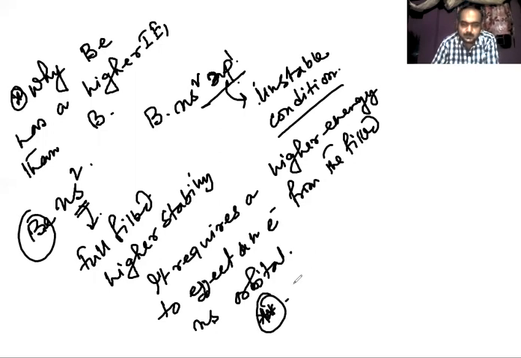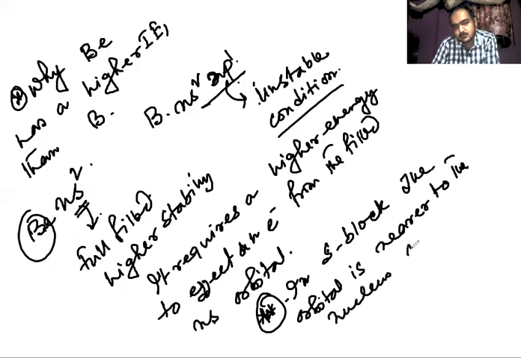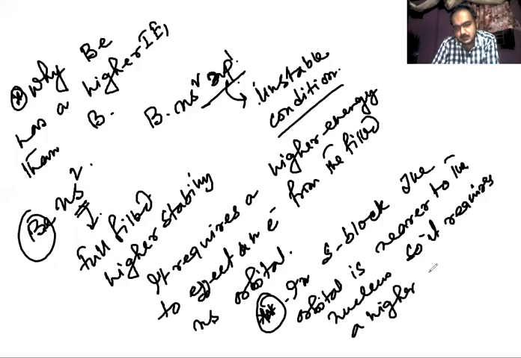Moreover, in the s block, the orbital is nearer to the nucleus, so it requires a higher amount of energy to eject an electron.